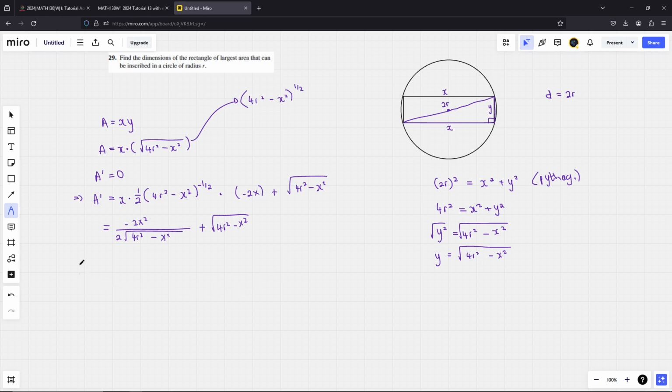Now let's set this equal to 0. Okay, now we can cancel these 2's because they're in the numerator and denominator, and we can say that this is minus x squared all over the root of 4r squared minus x squared plus 4r squared minus x squared. And actually I'm going to put the 0 on the right hand side.